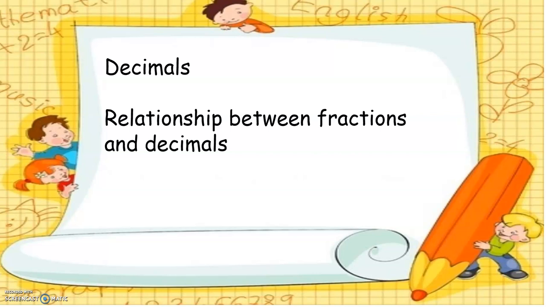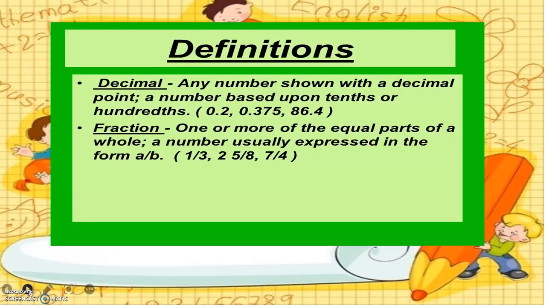So today we're going to learn about decimals, and the relationship between fractions and decimals. When we say decimal, it is any number shown with a decimal point, a number based upon tens or hundreds. Here are examples of decimals: 0.2, 0.375, 86.4.